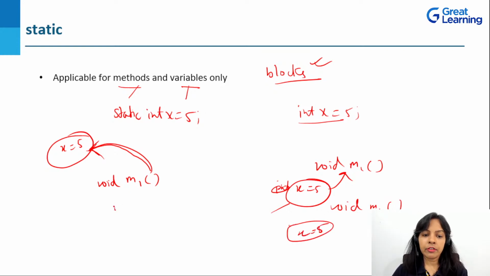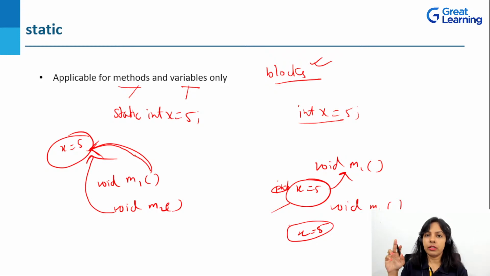But with a static variable, m2 is going to refer to the same place again. Meaning static variables are declared only once and can be used throughout the code with the same memory reference. But in an instance variable, a copy is created again and again for each particular method locally. So I hope you understood the difference between a static variable and an instance variable.